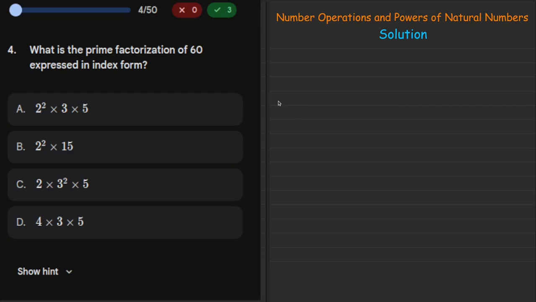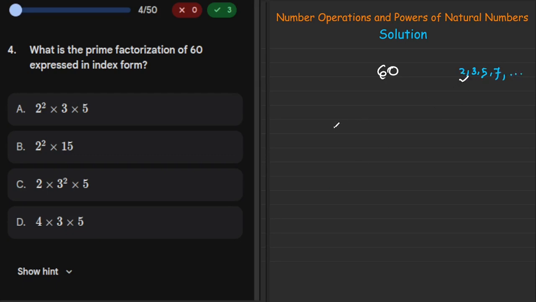For this simple one, let's just use the tree, which says if we have our 60, you look for two numbers that are factors of 60, one being a prime. Better still, you can choose to list out your prime numbers. So we have 2, then 3, 5, 7, then the list goes on.